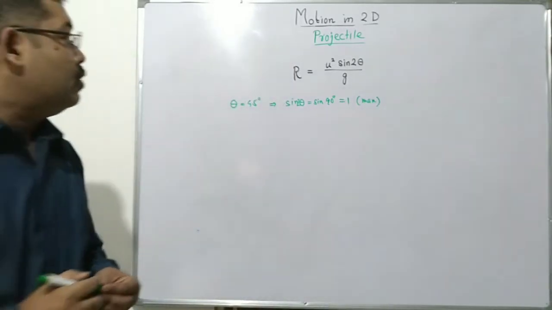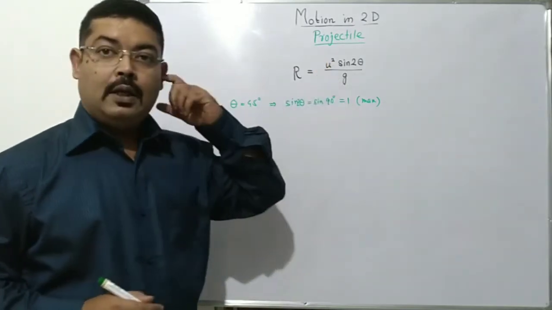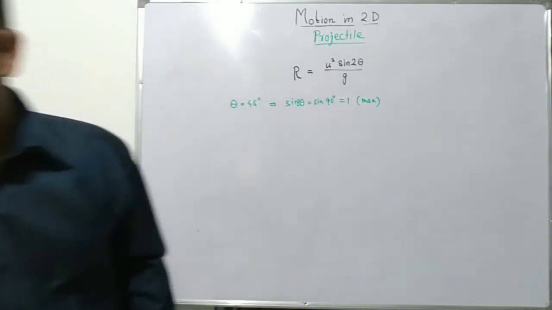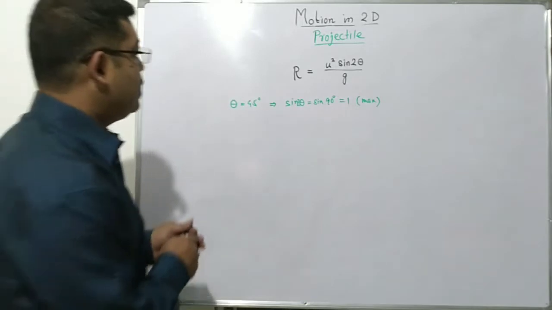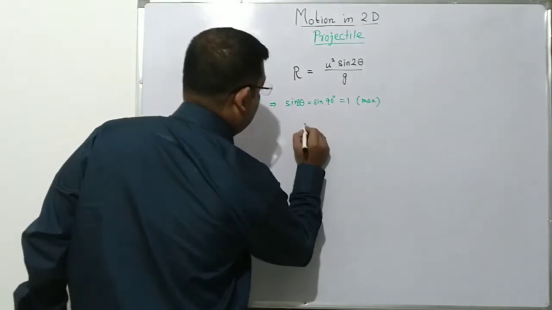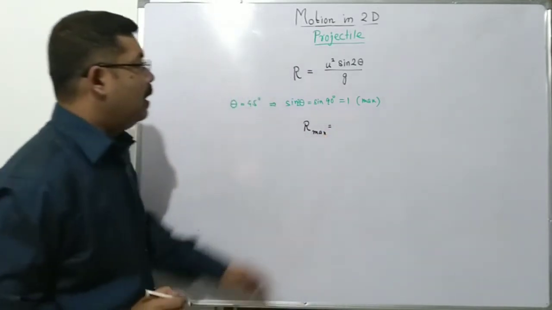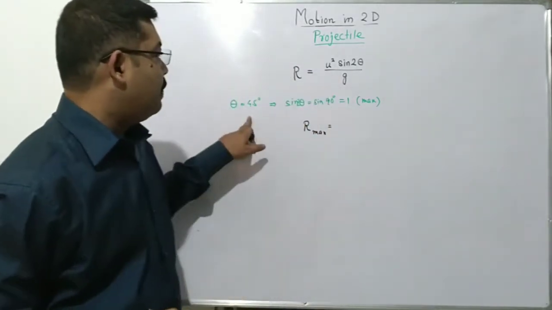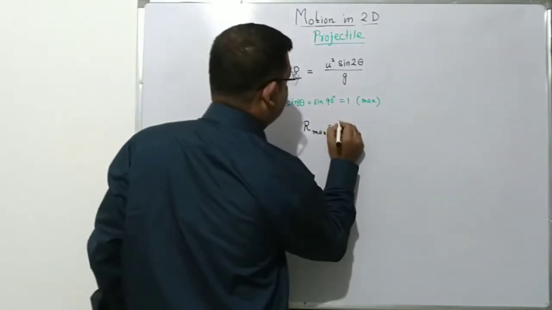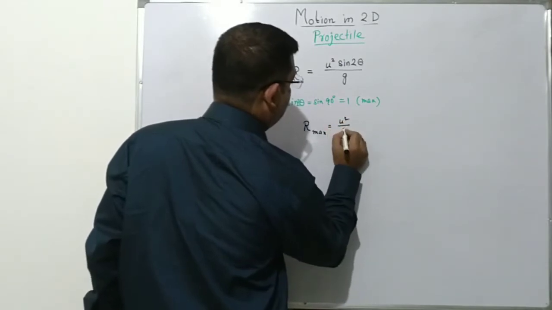So for a given projection speed, the projectile will have the maximum range, R max, when the angle of projection is 45 degrees, and R max will be given by u square by g.